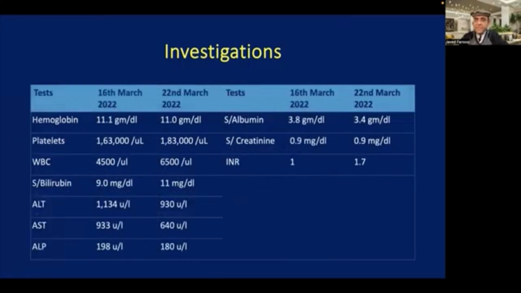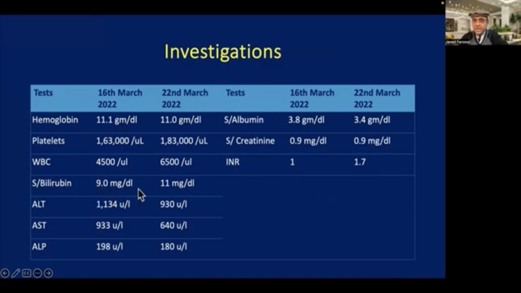And what were they? This is the investigation on 16th March, and this is the investigation after a week. Hemoglobin 11.1 here and 11. Platelets were 163,000, and now on 22nd March, 183,000. WBC 4,500, 6,500.